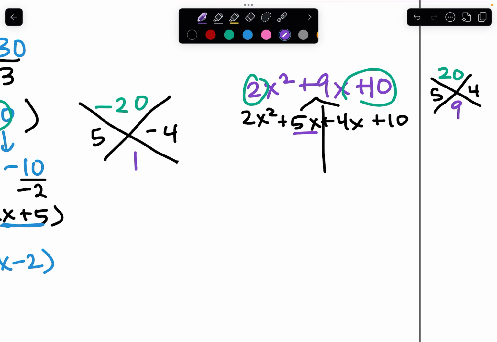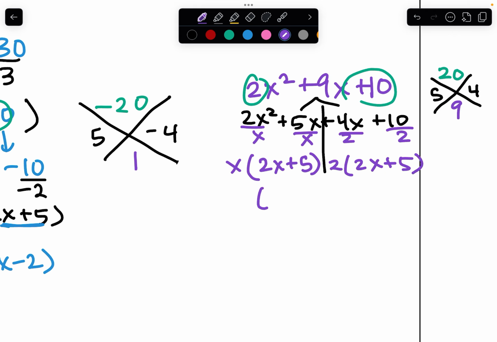Out of the first pair, we can get x, leaving 2x plus 5. Out of the second pair, we can get a 2, leaving a 2x plus 5. And so 2x plus 5 matches, and then we have the x plus 2 from the outsides.